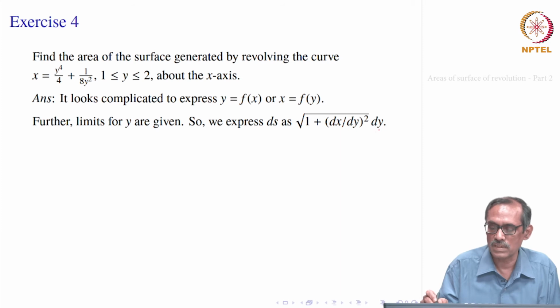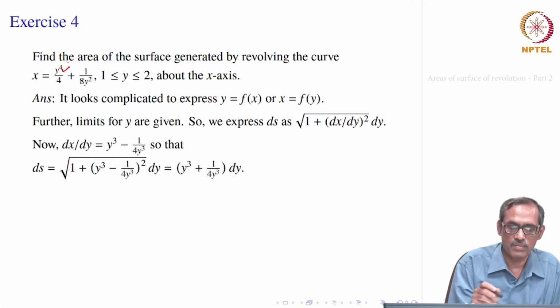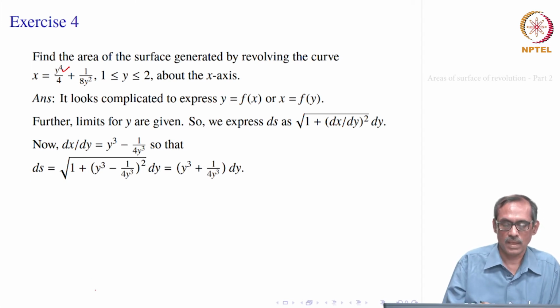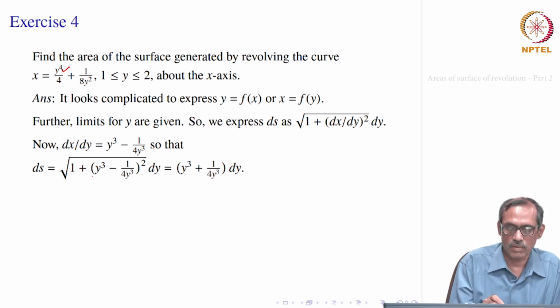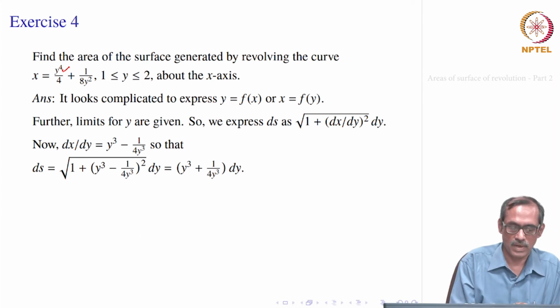Then dx by dy equals y cubed, y fourth by 4, derivative is y cubed, 1 by 8 y square gives 1 by 4 y cubed. So, ds is square root of 1 plus y cubed minus 1 by 4 y cubed square times dy, which is y cubed plus 1 by 4 y cubed dy, fine.